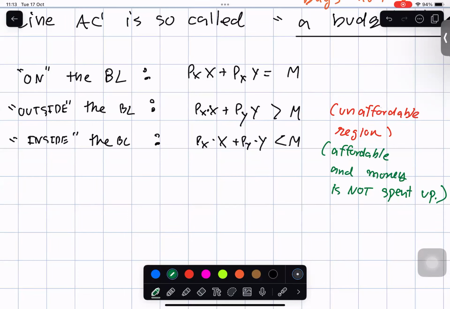Inside the budget line, we found affordable baskets where money is not spent up. Expenditure is less than income. Income here in our example is 2,000 baht. When we wrote this, think about this as a basket.